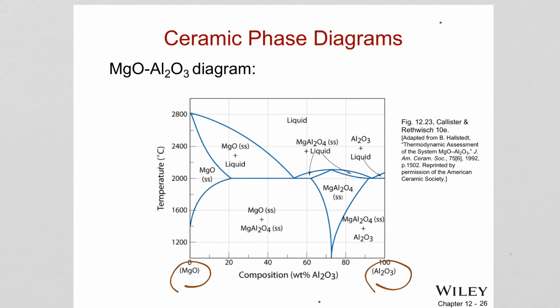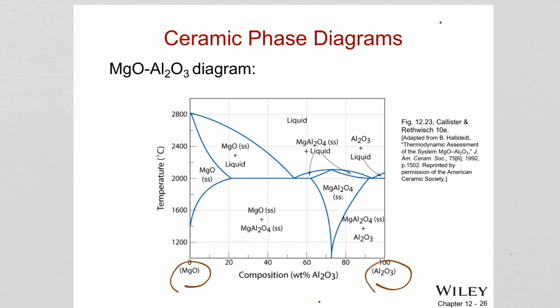As you see, it is complex and difficult compared to metals. But SS means the solid solution here. So at certain amounts of the alumina, different types of solid solutions form, and liquid forms.